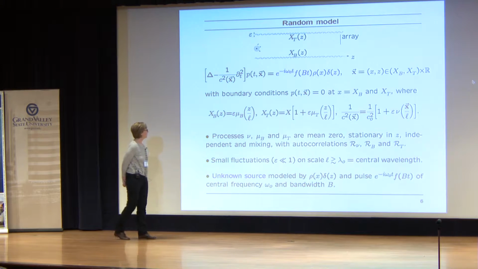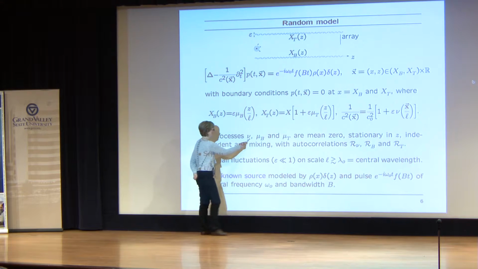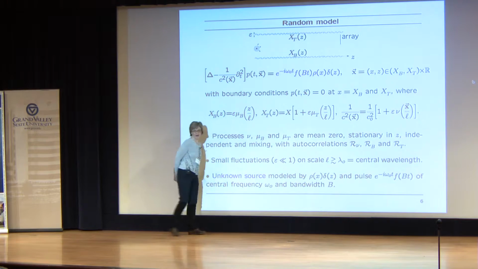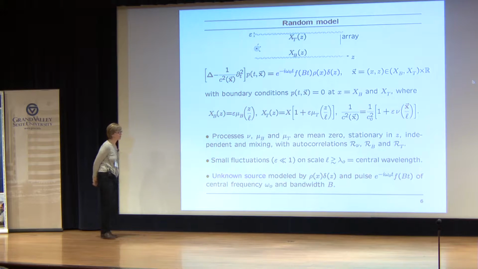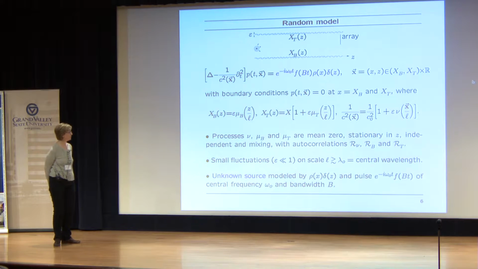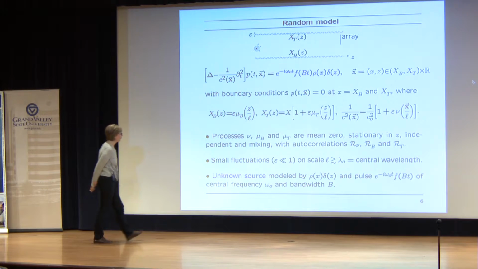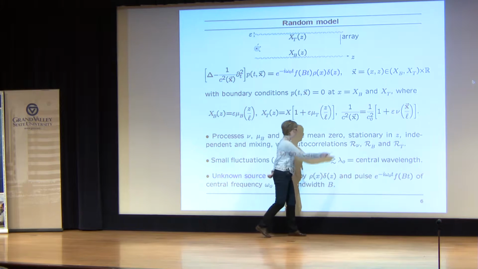So the fluctuations are modeled by the random processes denoted by these mu's. And I'm going to assume that these are mean zero random processes, stationary in the range direction. I suppose that they are independent and mixing. What mixing means is that they don't have long-range correlation. And the autocorrelations of these processes are denoted by the script R's.